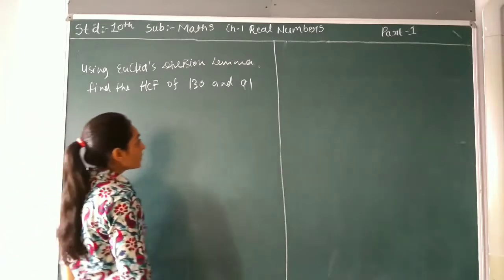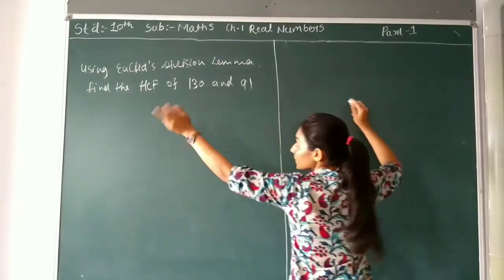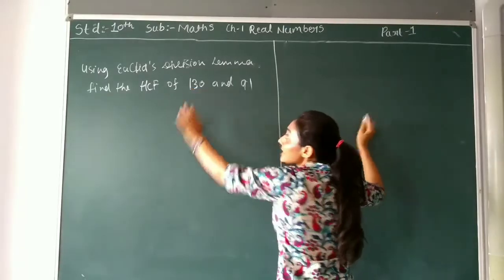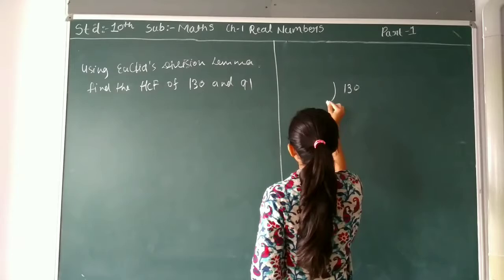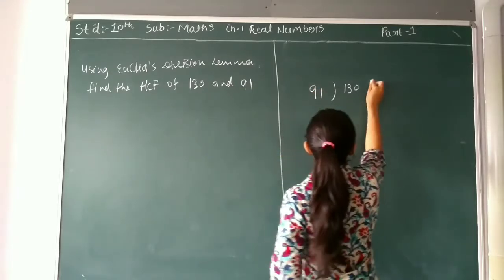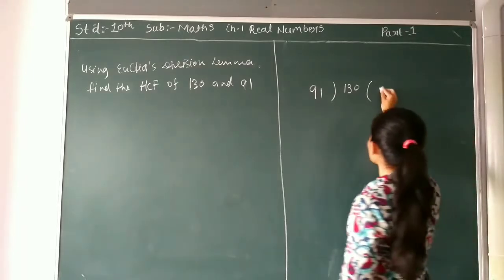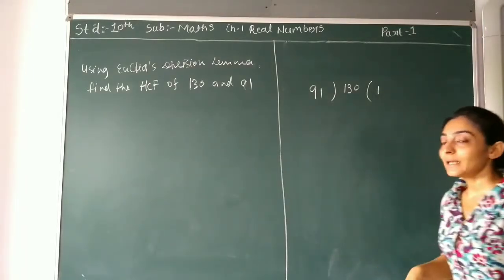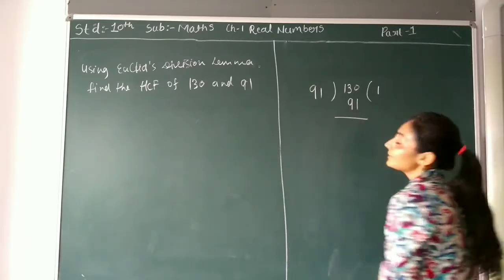So what we are going to do is, the bigger number we take as the dividend. So 130, now I'm going to divide with 91. Okay, now divide this number with 91 only. So 91.